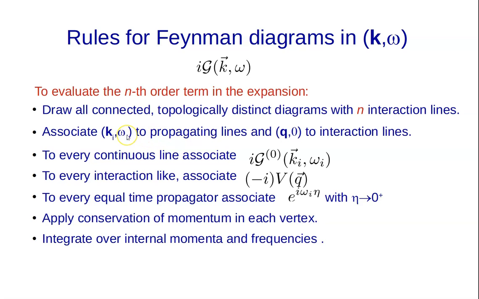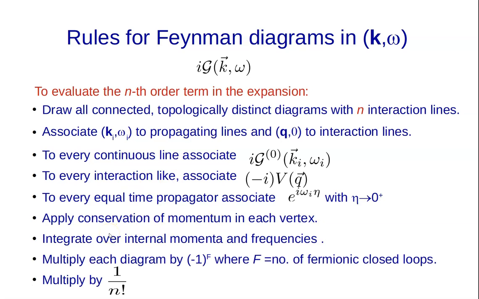You might only be left with a couple of independent momenta that you have to integrate over. And then, of course, you have to multiply each diagram by minus 1 to the f, where f is the number of fermionic closed loops, to get the sign for that particular diagram. And then we multiply by 1 over n factorial. So these are essentially the rules for how you calculate this.